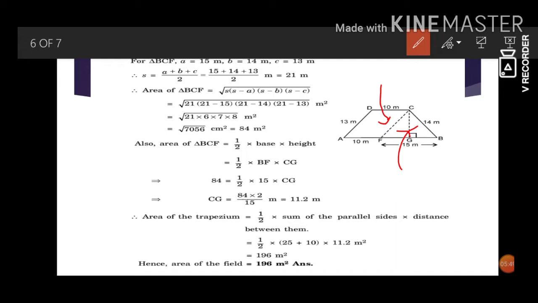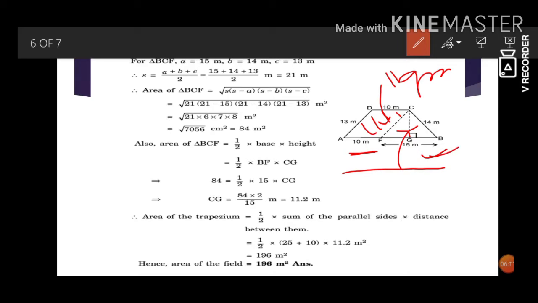Here the sides are 15, and the bottom part is 25. So if CF is parallel, we get a parallelogram. So this is a parallelogram, this part. And if CD is 10, then AF is also 10. Total was 25, so if we subtract it, we will get 15.